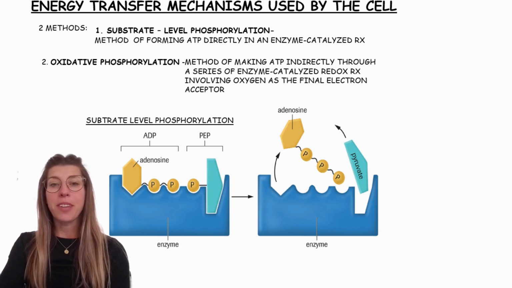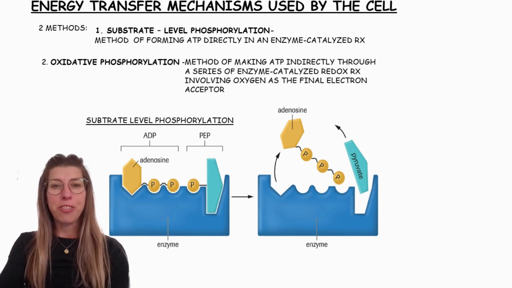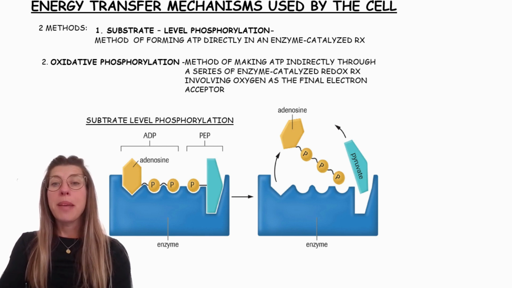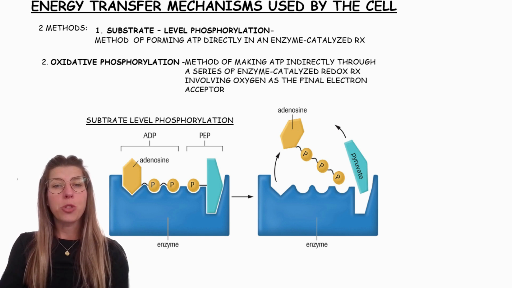Okay. There's also something called oxidative phosphorylation. And oxidative phosphorylation is a method of making ATP indirectly through a series of enzyme-catalyzed redox reactions involving oxygen as the final electron acceptor. So being able to gain and lose electrons.